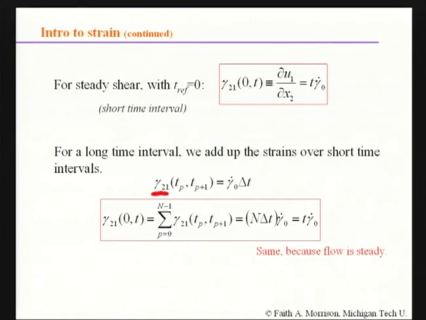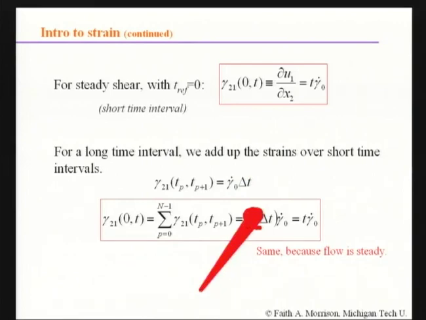I'm saying that the strain between two times that may not be very close together, let's say 0 and t, can be broken up into a whole bunch of little strains when they are close together. If we break it up into an even number of time elements, delta t, then I break it up into n of those.